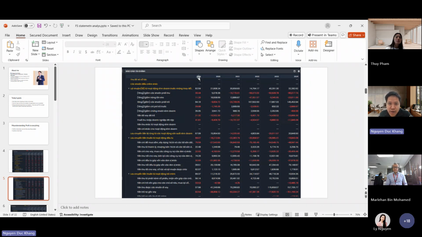And if we combine with the other 3 positive years, 2020, 2022, and 2024, we can see that they still have a positive cash flow, but it is very minimal.